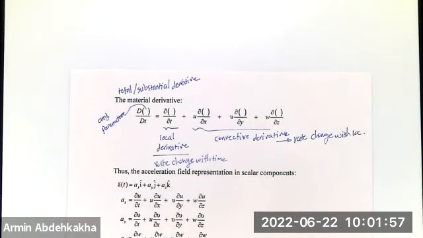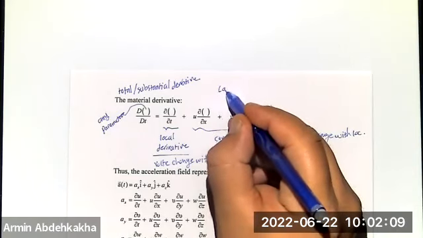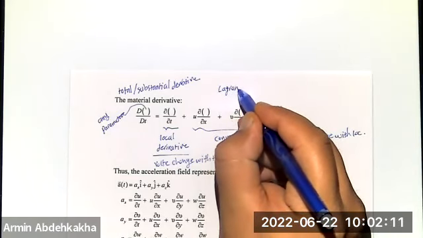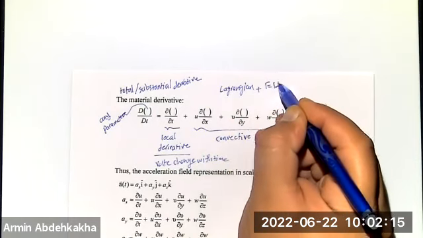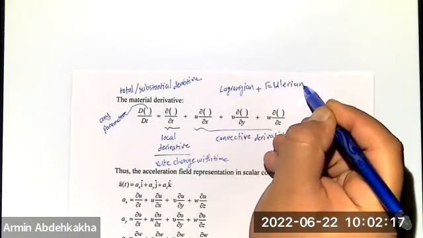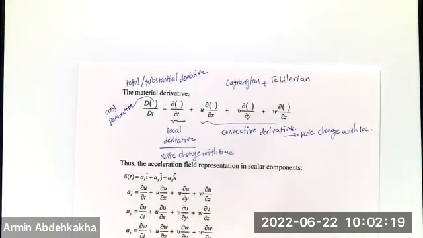So what we know about it: rate of change with time, rate of change with locations, right? And T is a part of it. Perfect. So it's like Lagrangian plus Eulerian. Combine these two to find the total derivative.